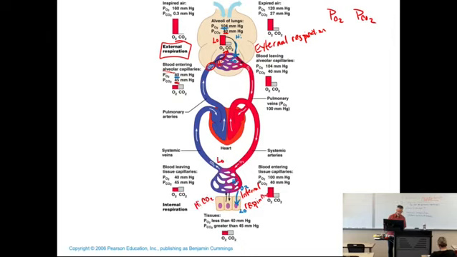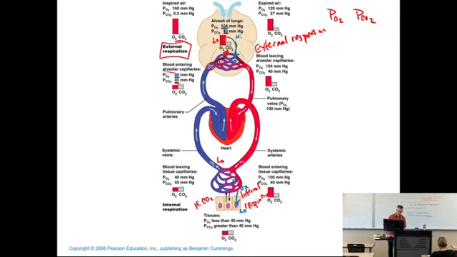Yeah. So in the tissues, what we're looking at down here is if we look at a tissue that's actively using ATP, making and using ATP, right? We said that the mitochondria use aerobic respiration to make ATP. They utilize oxygen in that process, and at the end of it, they give away carbon dioxide.